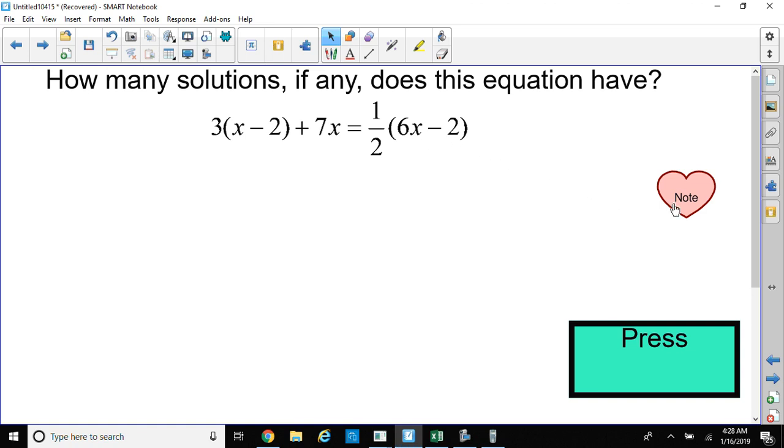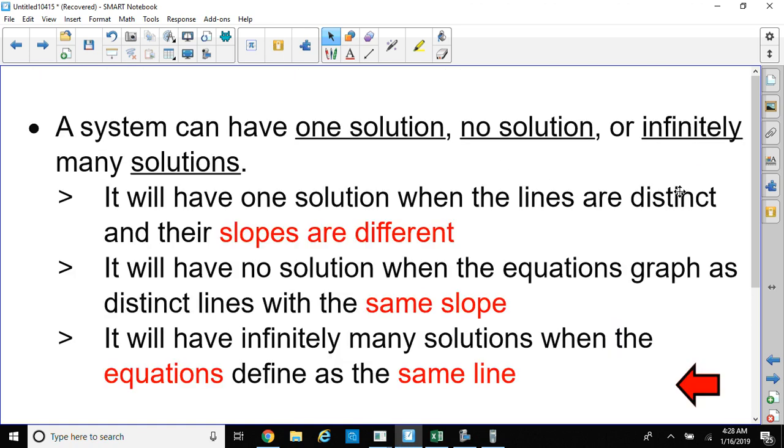All right, so here's a note that you should see. When you're dealing with equations that are equal, you're talking about two equations or sometimes even more. Those are dealing with systems. So you can have a system of equations that has one solution, no solution, or infinitely many solutions.